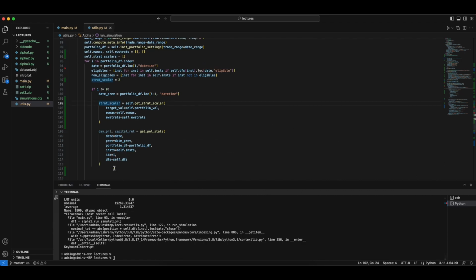Okay. So we would like to maintain this inside here. These are the strategy scalars.